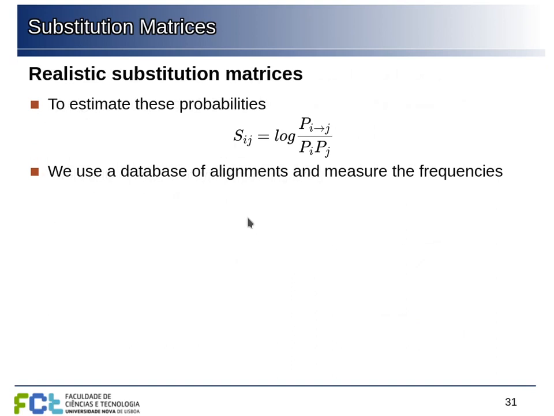Of course, to estimate these probabilities, we need to measure the frequencies of these substitutions. So we're going to need to look at actual sequences, align them, and then measure the frequencies. We can immediately spot a problem here, which is, in order to align sequences, we need the substitution matrices, and in order to compute the substitution matrices, we need to align the sequences.